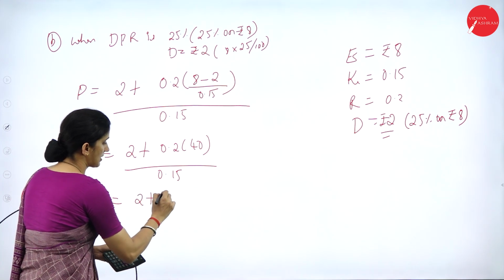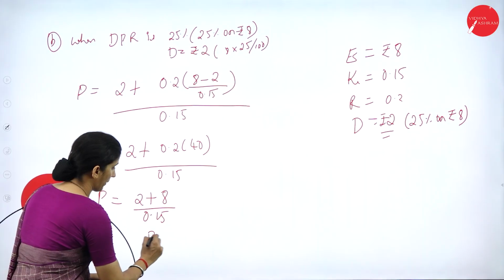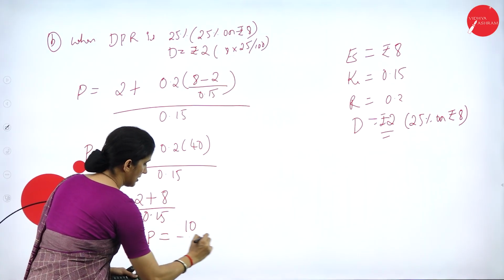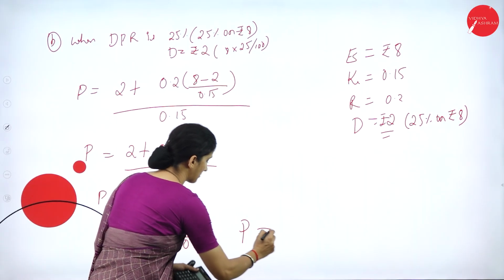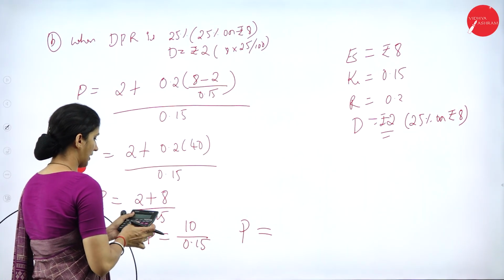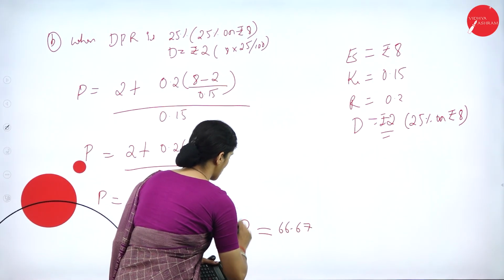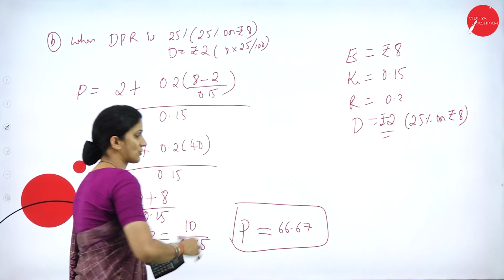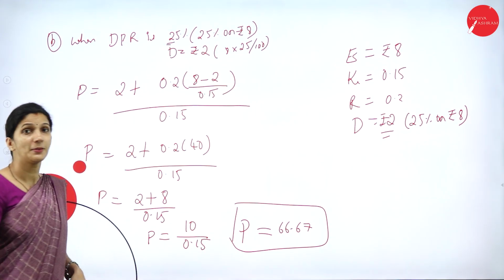So 2 plus 8 divided by 0.15. So P is equal to 10 divided by 0.15. So P, the market price, that is 10 divided by 0.15, is 66.67. So this is the market price of the share when the dividend payout ratio is 25%.